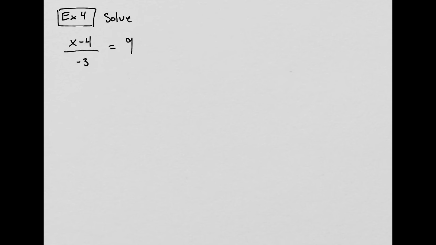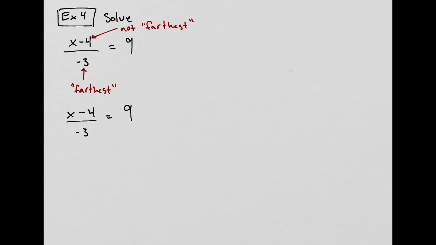I will rewrite the problem, and that way you can see how to do it. So if I'm dealing with this -3 first, because it's the farthest, and it's dividing, so it's x minus 4 divided by -3. So to undo that, I would multiply by -3.